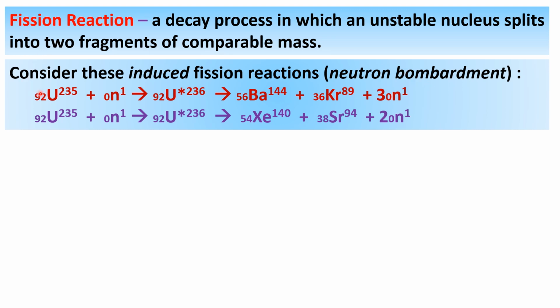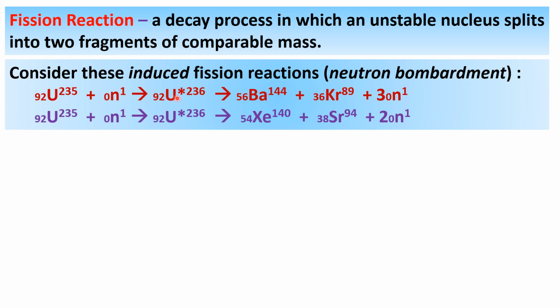Example is when uranium-235 is bombarded with a neutron. In other words, when a uranium-235 isotope absorbs a slow-moving neutron, then it splits into two fragments, such as barium and krypton. But before that happens, uranium-235, upon capturing one neutron, first becomes an excited isotope of uranium-236, as shown in this equation.